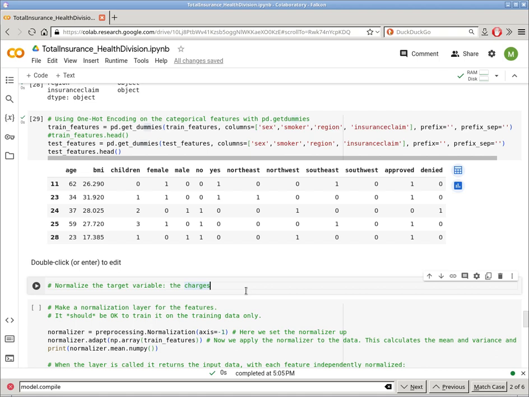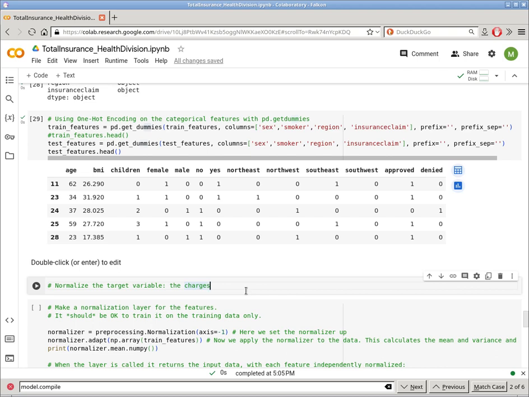Well, for a couple of reasons, we're going to do a straight linear normalization. We're just going to divide by the max type of thing, and that should do it for us. There's a couple reasons we want to do this. We don't have any reason to believe that charges are normally distributed.